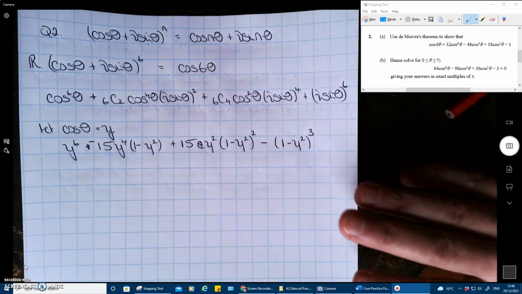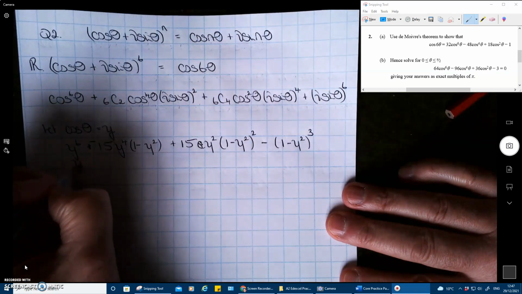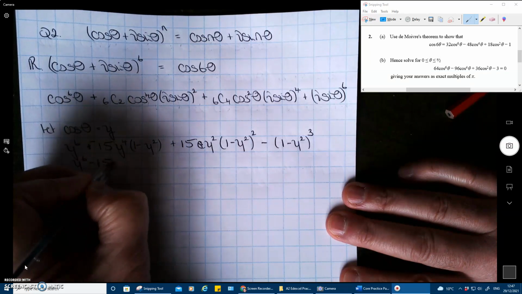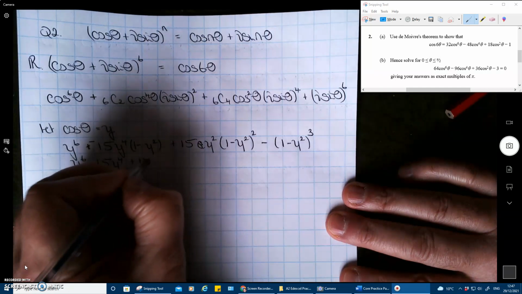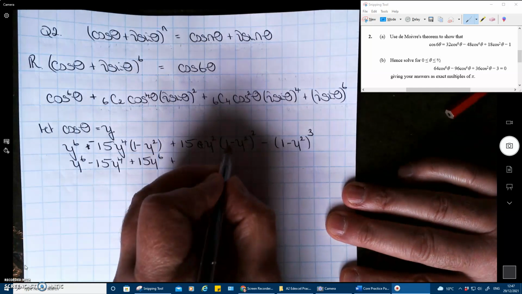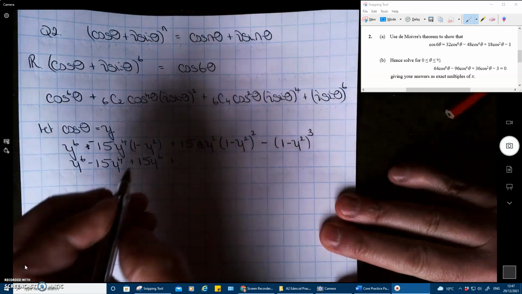Okay, now I expand all this out. Alright, so I get y to the power 6 minus 15 y to the power 4 plus 15 y to the power 6. This multiplied out is obviously 1 minus 2y squared plus y to the 4.